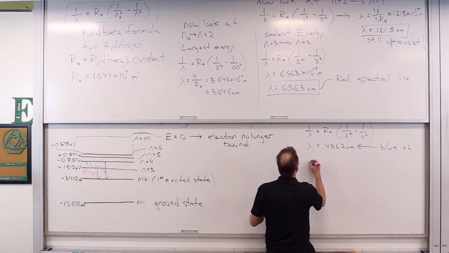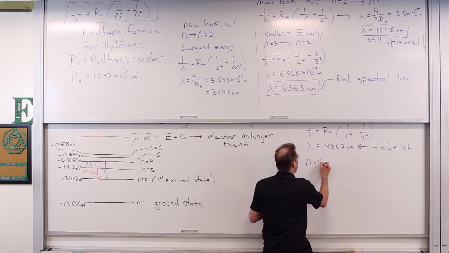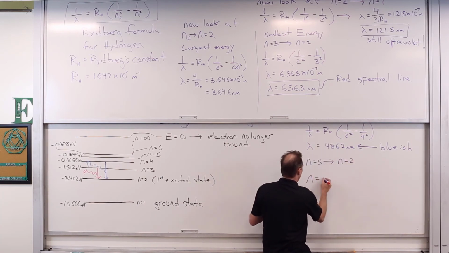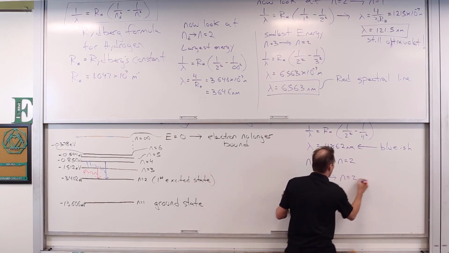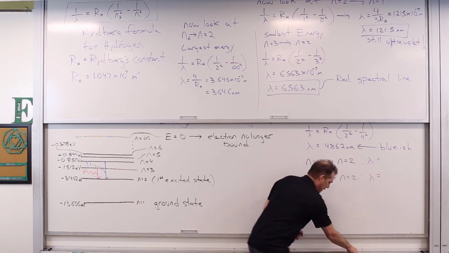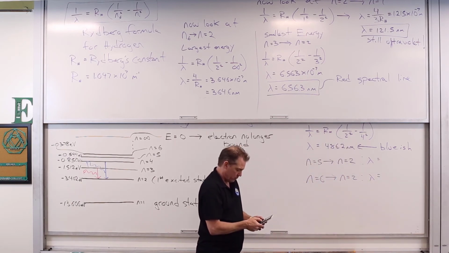And we could go on and look at n equals 5 to 2, and n equals 6 to n equals 2, and we get the lambdas. Do this really quick.